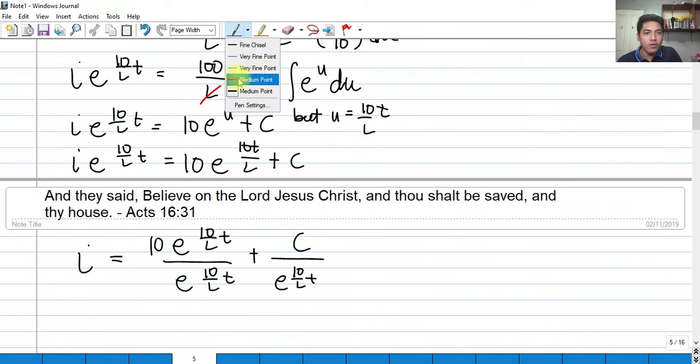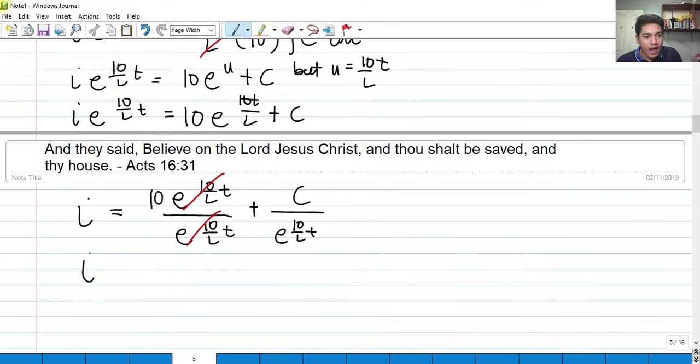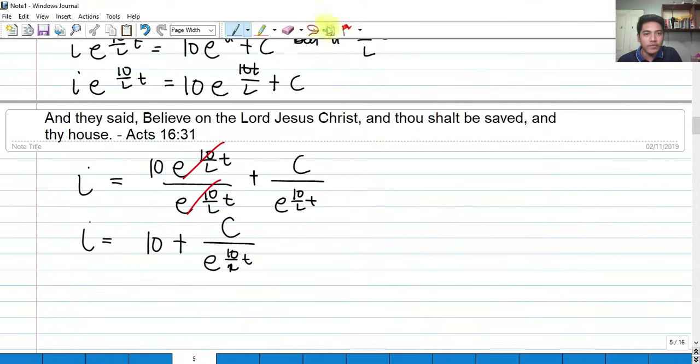Okay, and we know that this should cancel. So we are left with I as 10 plus, okay, we have c over e raised to 10 over L multiplied by t. So, this is our solution for our differential equation containing the arbitrary constant c.